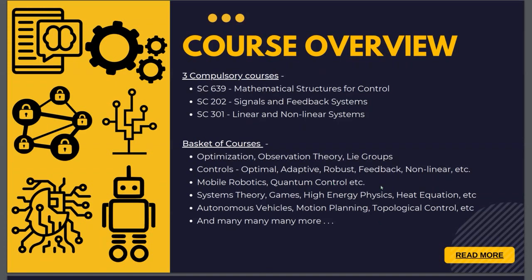You actually have one separate course for each of these topics, which means you can get an idea of how many courses there are. You've got huge flexibility and availability. And if you finish these two courses and still have a semester left, you can explore more, as there are many more courses you can opt for.